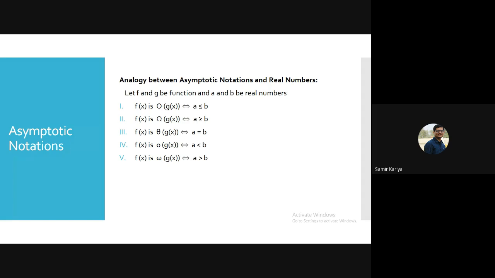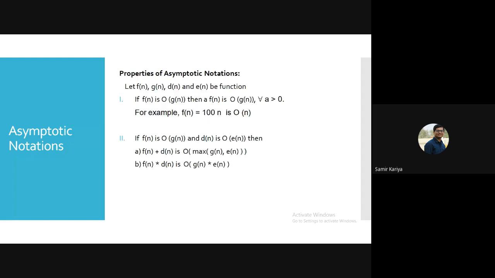Few properties that already I think we have discussed, but see in detail. So first property, if f of n is order of g of n, then a into f of n is order of g of n for every a greater than 0. That means we are just simply ignoring this constant value. F of n is equal to 100 into n, so we just simply write here order of n only.